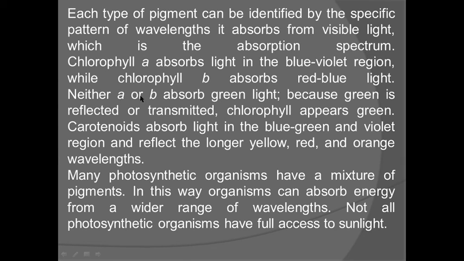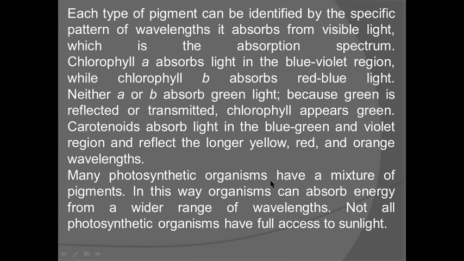Neither chlorophyll A nor chlorophyll B absorbs green light because green is reflected or transmitted. Chlorophyll appears green. Carotenoids absorb light in the blue-green and violet region and reflect the longer yellow, red and orange wavelengths.